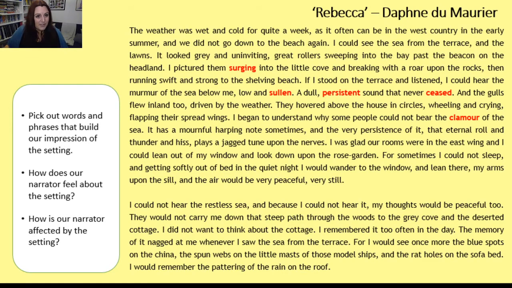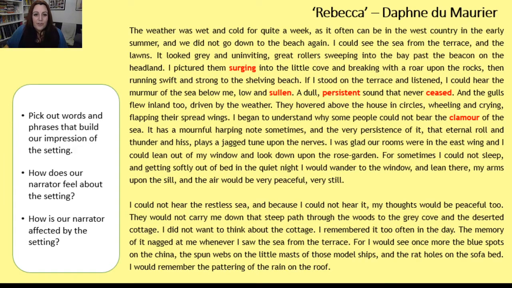Okay, so there's those 3 things that we are looking at. But just before we start, it would be a good idea for you to write down the title, and we're going to look at these words here. This vocabulary I think is really useful for us to pick out.